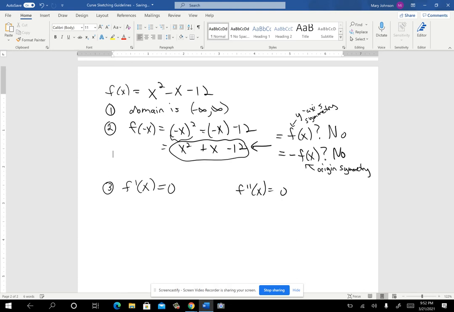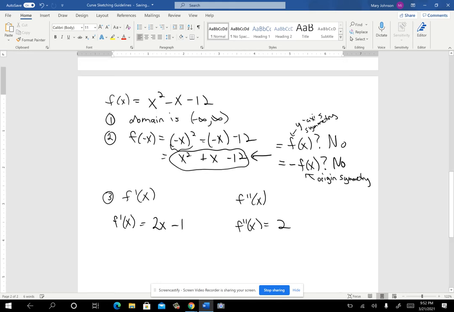Okay, so this is just a nice polynomial. So f prime of x, oh, before we set it equal to 0, let's just do each derivative. F prime of x would equal 2x minus 1. Okay, and f double prime of x, the second derivative, would equal 2.